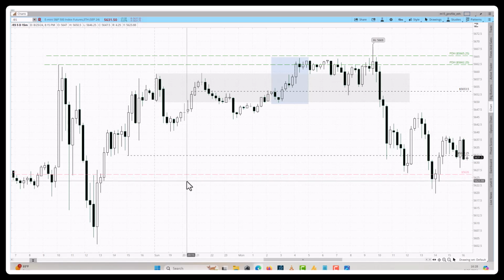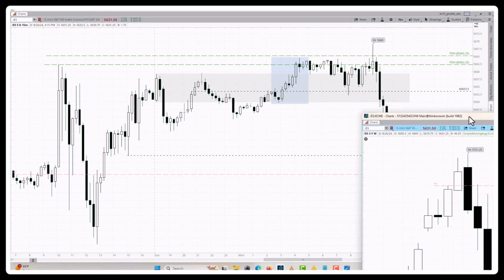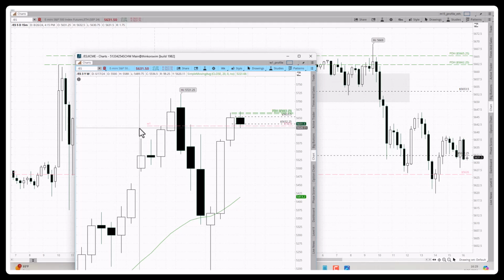You see that level is the weekly level at 56.26. If we look at the weekly, you see that the level broke, and it's going to retest that level. So for this week, we're going to see how it reacts around that level, 56.26.